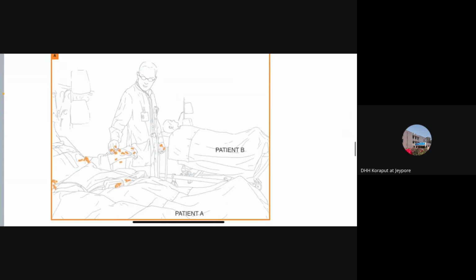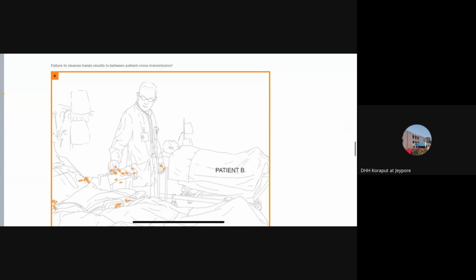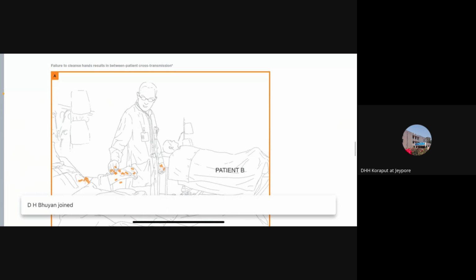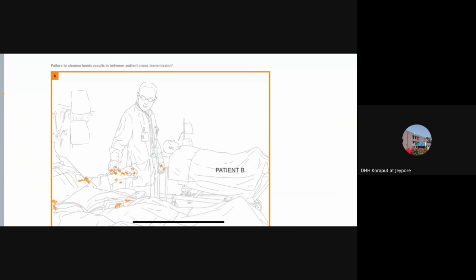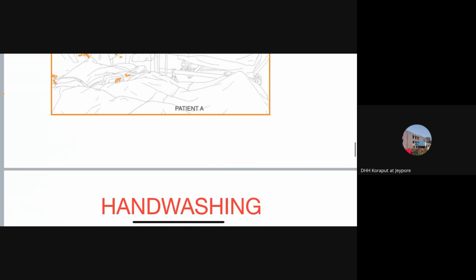Now there is this picture, where a healthcare worker has failed to clean the hands, and has actually transmitted the infection from patient A to patient B from his contaminated hands. So that is how the need for hand hygiene arises.